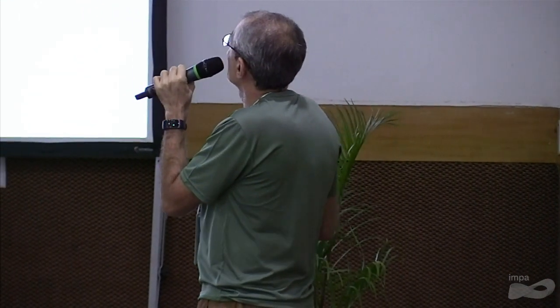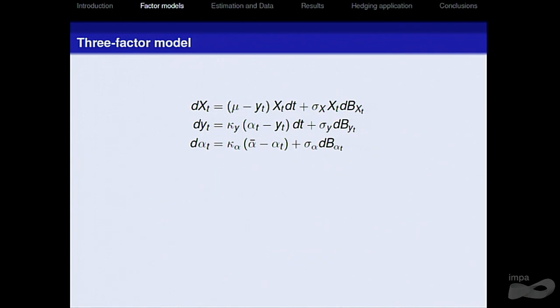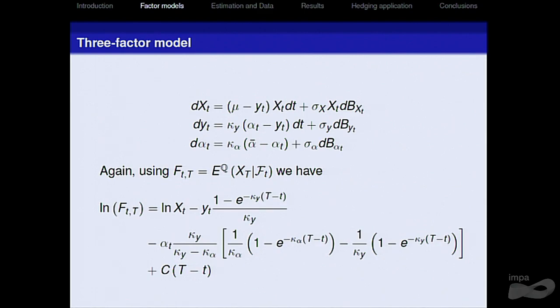So we are now going to use this three-factor model. All the Brownian motions are correlated. In the same way, using the future as an expected value of the spot price, we can derive the logarithm of the future as an affine function of the spot price, the convenience yield, and the long-run average of the convenience yield.